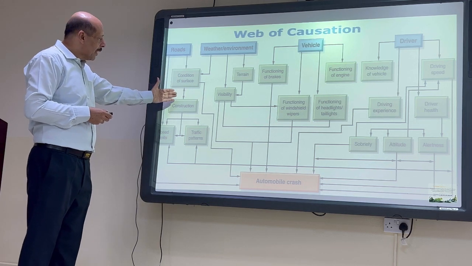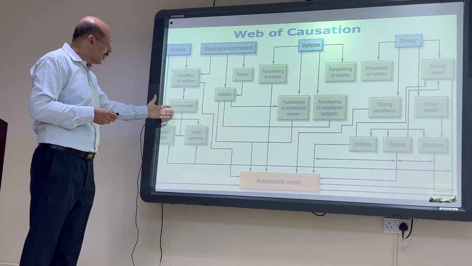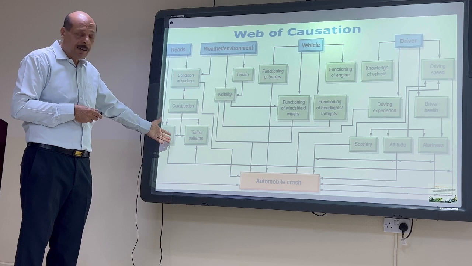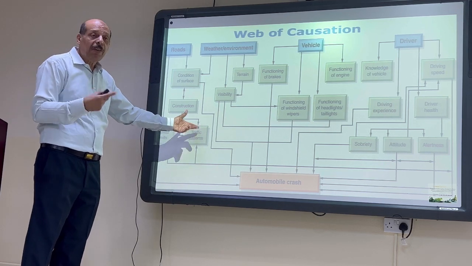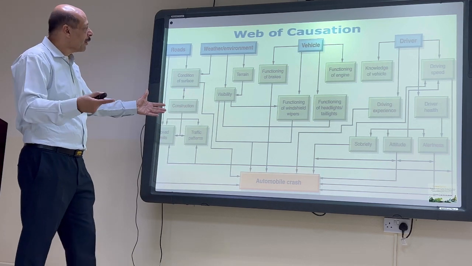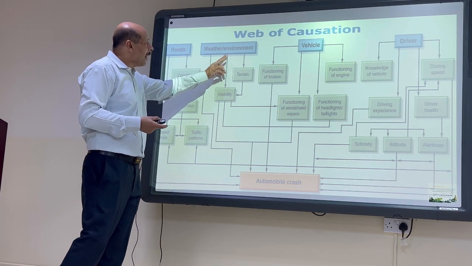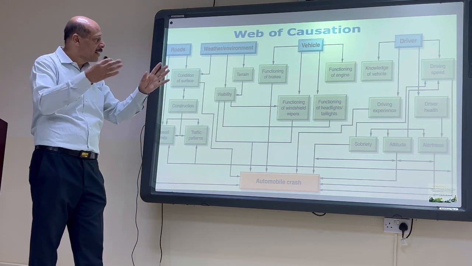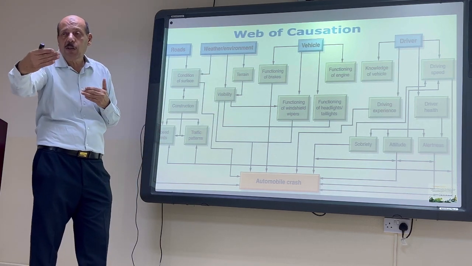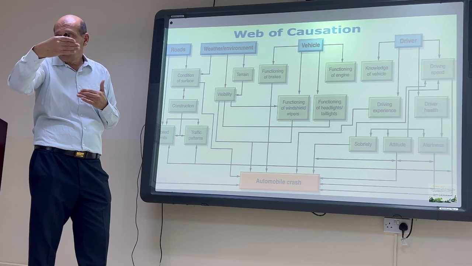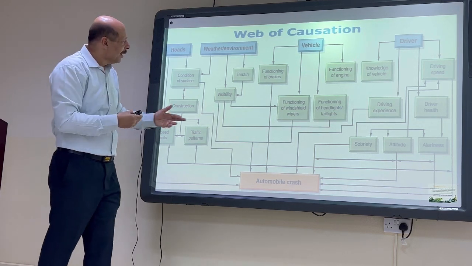So the condition of the road surface, construction of it, speed limit on the road, traffic pattern, whether there is heavy traffic or not. Within the weather, if there is rain, the visibility also, fog or rain.